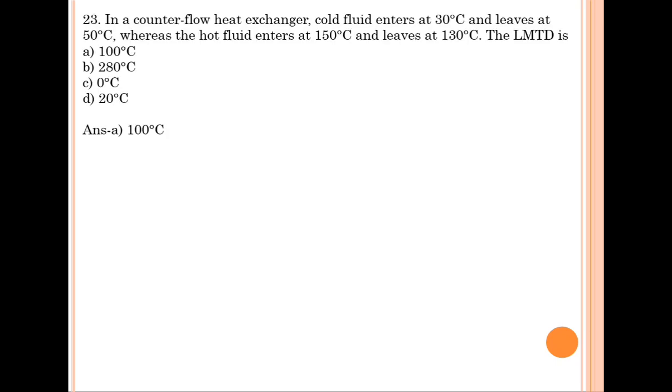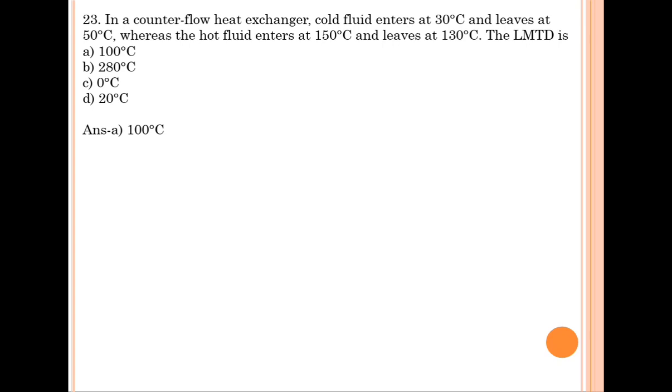In a counterflow heat exchanger, cold fluid enters at 30 degrees and leaves at 50 degrees, whereas the hot fluid enters at 150 degrees and leaves at 130 degrees. The LMTD is? If we draw this diagram, 150 to 130 degrees for the hot fluid and 30 to 50 degrees for the cold fluid, then the terminal temperature difference, the TTD, will be 100 on one side and on the other side also 100.